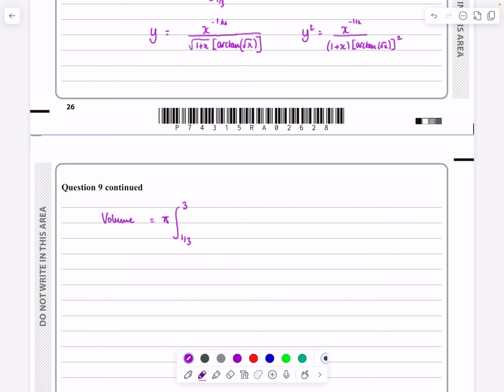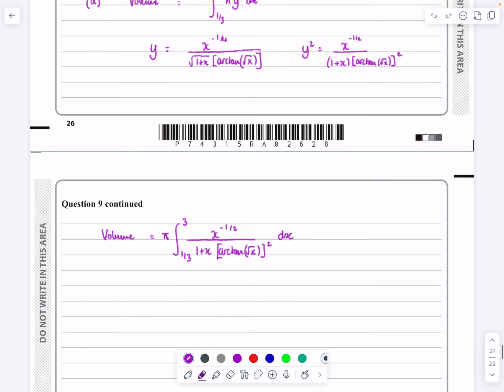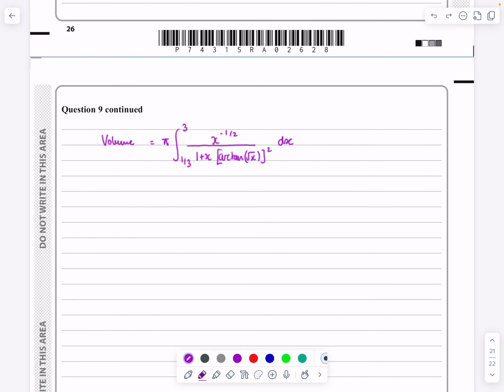Y squared dx then is going to be what we just had, x to the minus half all over 1 plus x, arctan root x, squared, dx. Okay, but at least they tell me what to do. They say use the substitution, tan u is equal to root x.